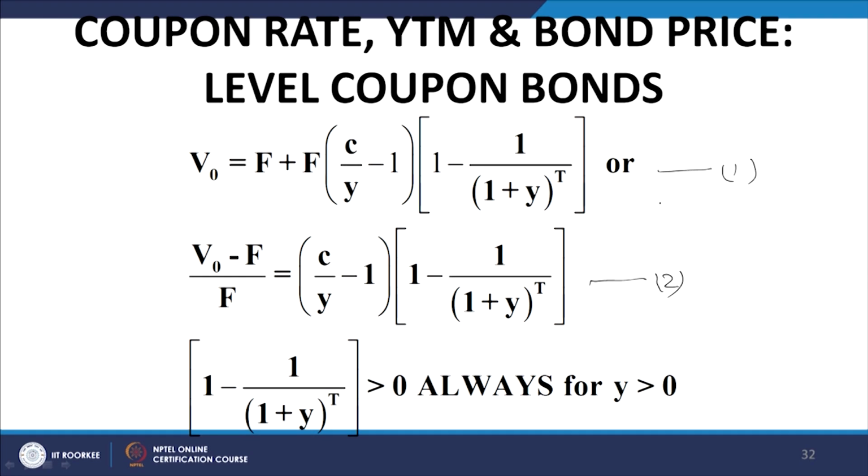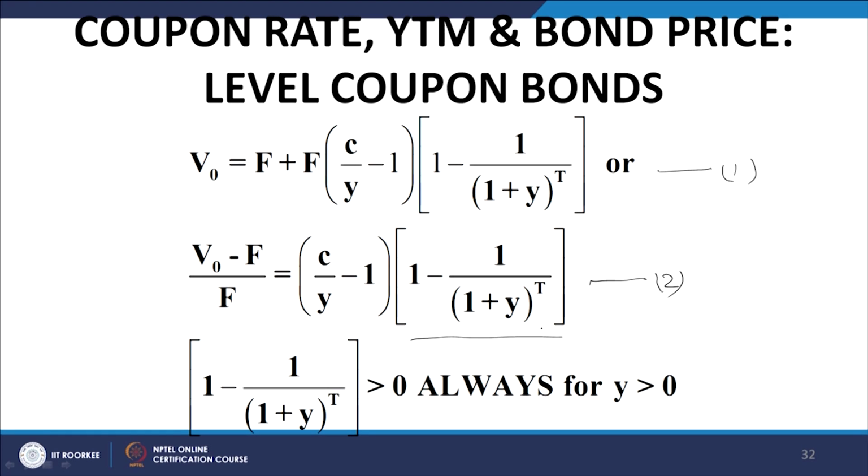Okay. So, now if you look at equation 2 very carefully, you find that the second factor, if y is greater than 0 and t is greater than 0, which is normally the case, what can we say about the factor in the square brackets? What we find is that it will always be greater than 0, because the second term in this factor will be less than 1 obviously, if y and t are greater than 0.